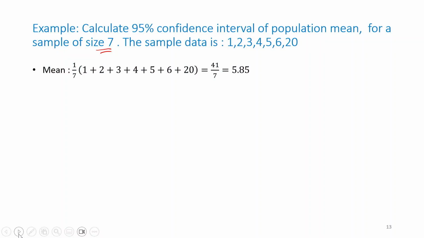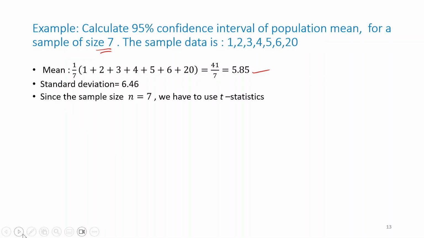So what is the mean of this sample data? It is 5.85. So x bar is in this case 5.85. And the standard deviation can be calculated, and it is 6.46.